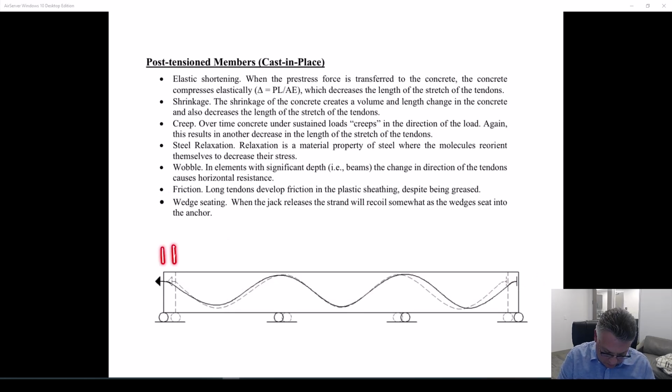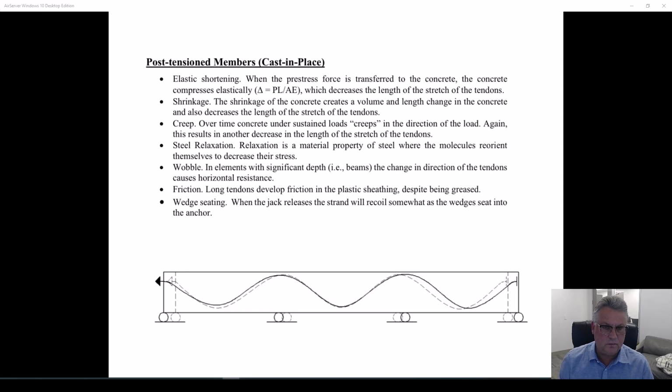So just due to the large compression in the concrete, we have an elastic deformation. Let's do that better. Do better. That's what my kids tell me. Okay, so just elastically, the member after being stressed is going to shorten.